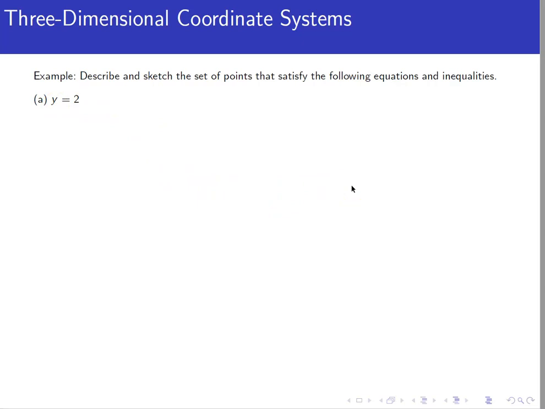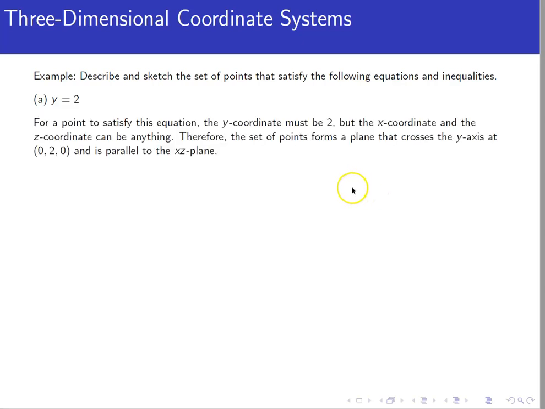Now we're in 3 dimensions in this case, however, so not only can the x be anything, but also the z can be anything. So what we get instead of a horizontal line here is we actually get a plane. This is what I was mentioning here. The y-coordinate has to be 2, but the x-coordinate and the z-coordinate, no restrictions at all.